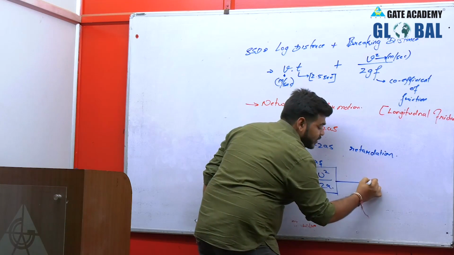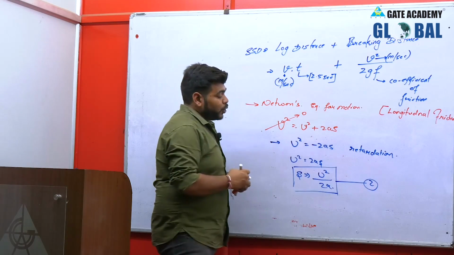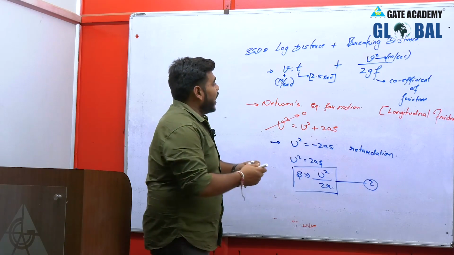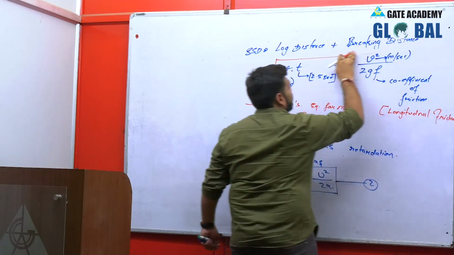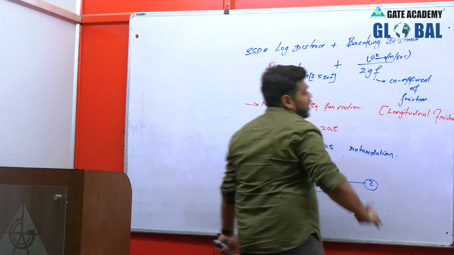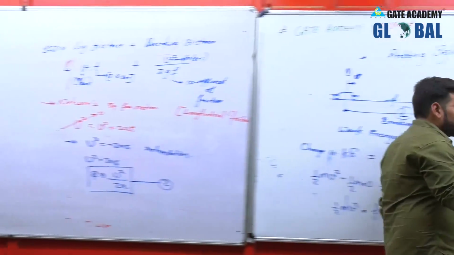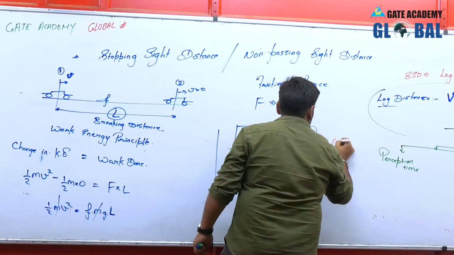We give this equation the number 2, and the braking distance equation we call equation number 1.